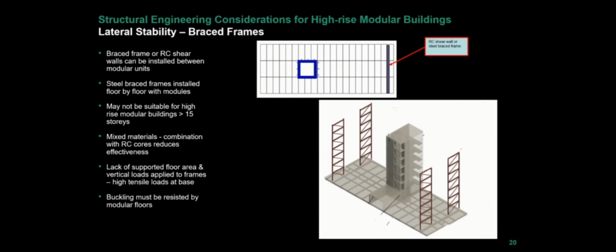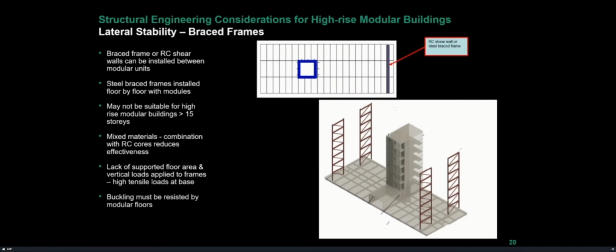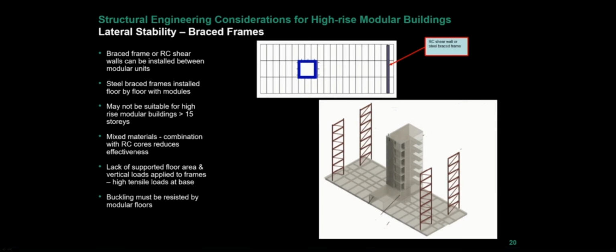We have a few options open to us on how we alleviate that issue. So one option is we install a shear wall on one end. Now that's quite good because it can fit in between apartment layout, in between apartment party walls or walls in the apartments. Doesn't have too much of an architectural impact, but we still have the same issue that we do with the cores, that the amount of floor area of the module applied to these frames is very small.